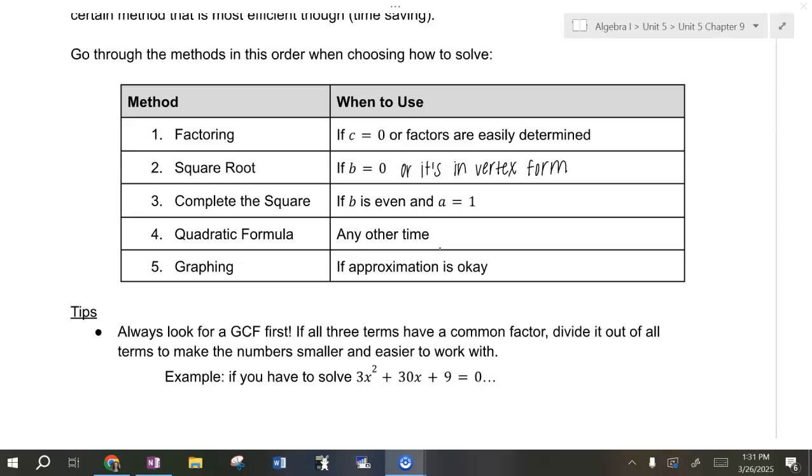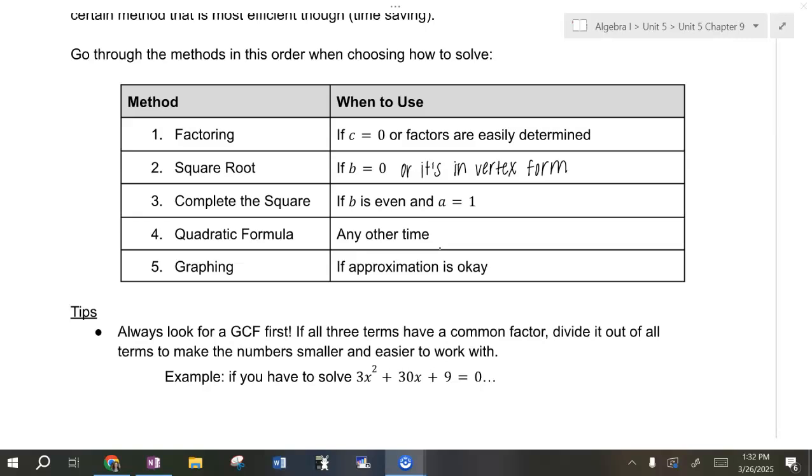Finally, the last method you should be thinking about is graphing. Graphing is fine, but it's only really great if approximation is okay. Because a lot of times, if we have answers or roots that are decimals, you're not going to be able to find those exactly as x-intercepts on the graph.